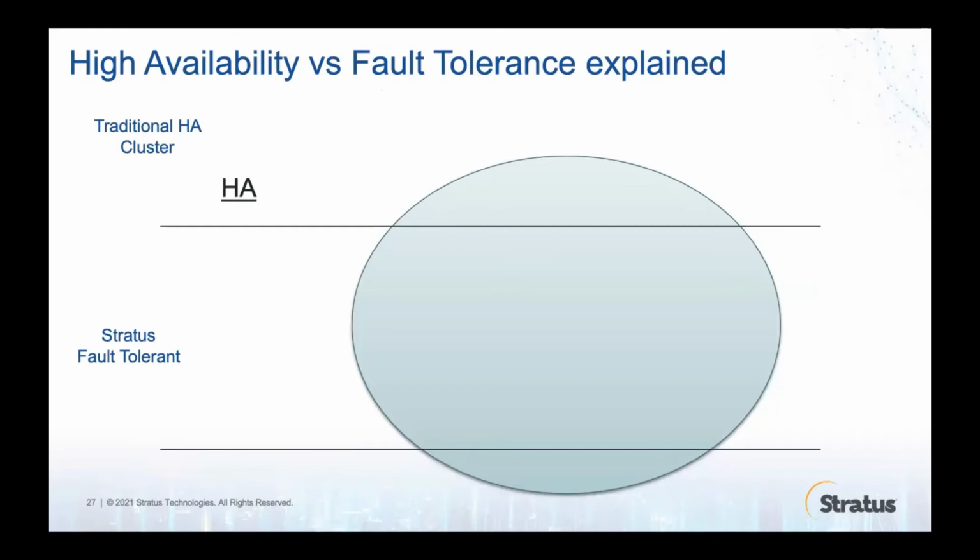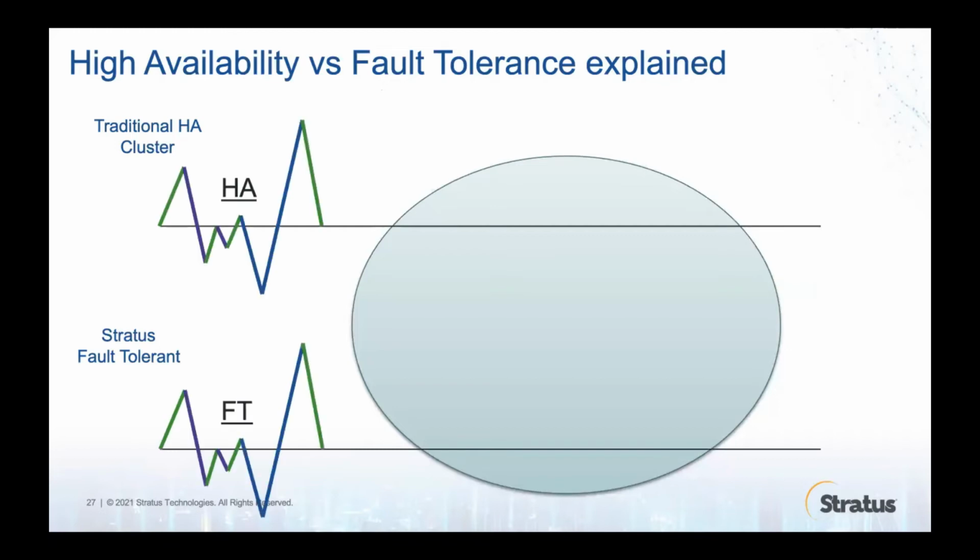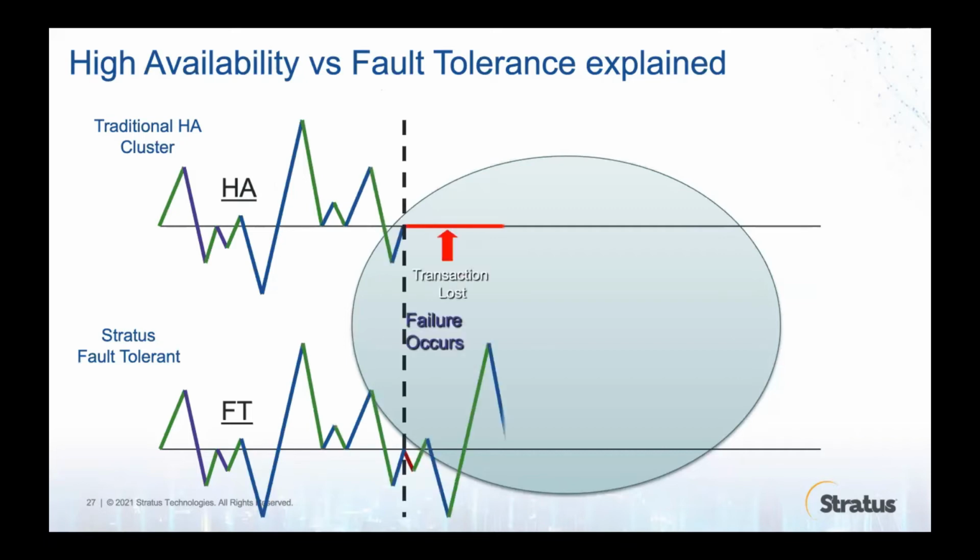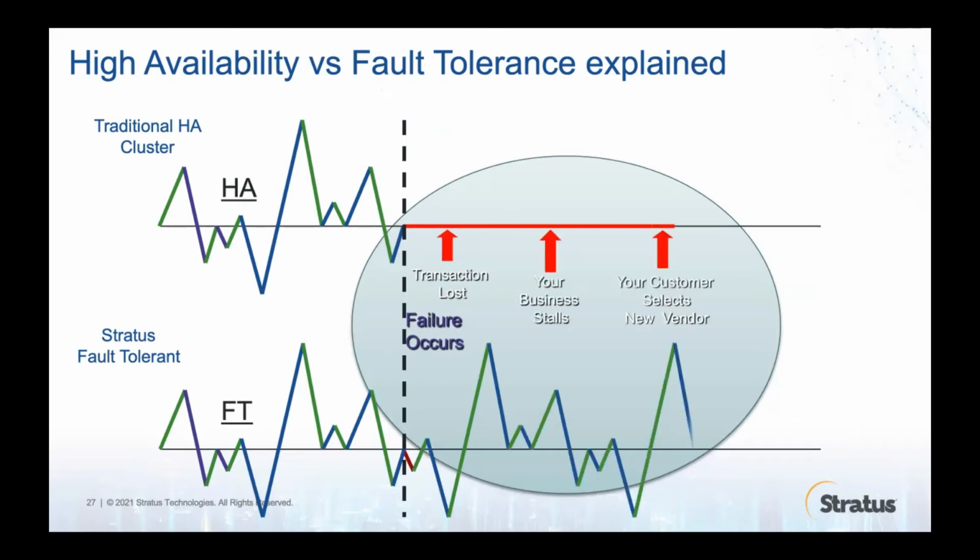Now, I just mentioned high availability and fault-tolerant. Just to explain that, on the screen you will see two graphs. The top one is high availability, and the bottom one is fault-tolerant. It is very important to understand the difference, because this is the capability available on our FT server as well as on the ztC.